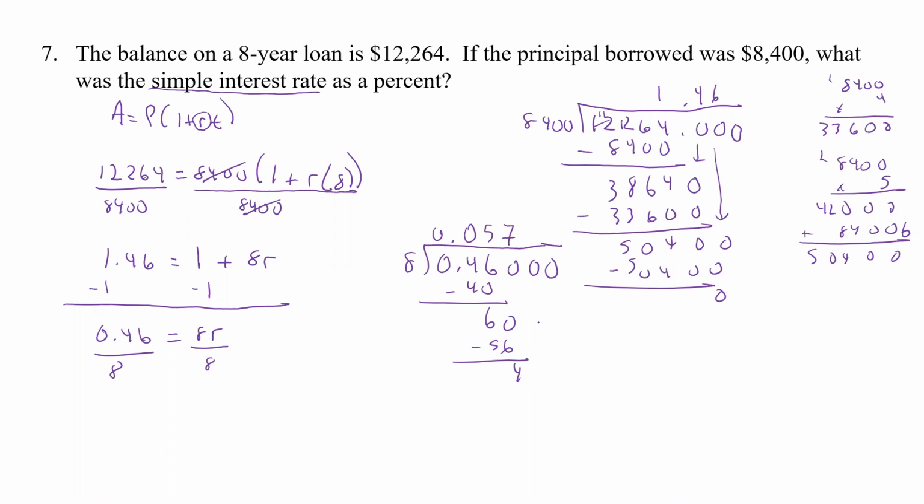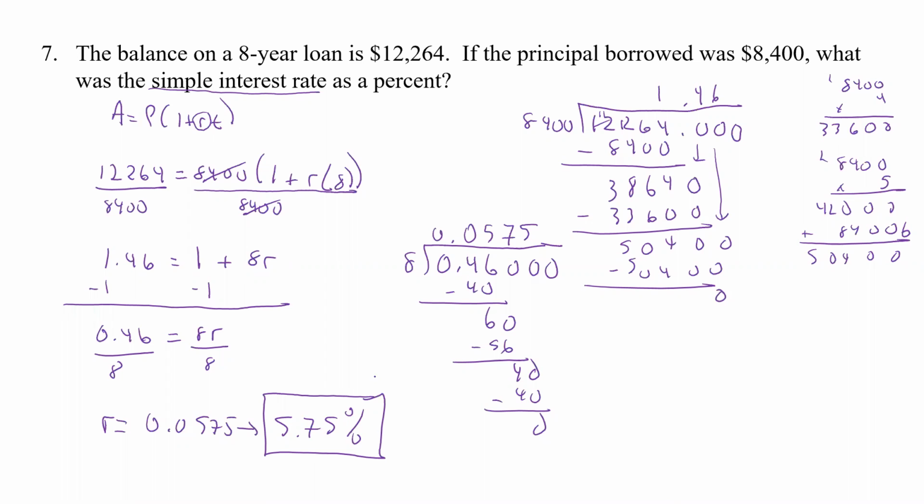Subtract that, that's 4, bring down another 0. That's going to be a 5, and that's going to be 40. Subtract that, that's 0. So that's our decimal form for the rate. R is equal to 0.0575, but as a percent, that's 5.75%. And so that's going to be our interest rate.